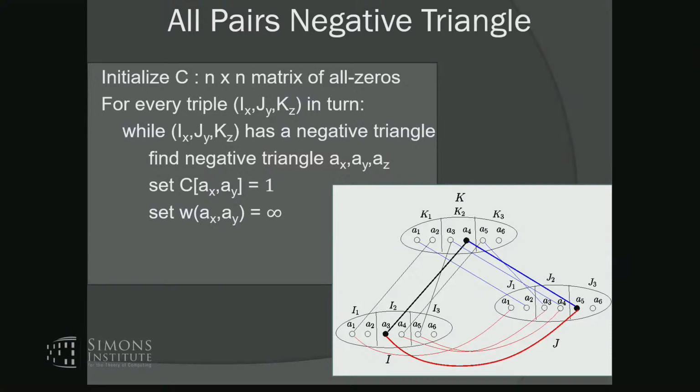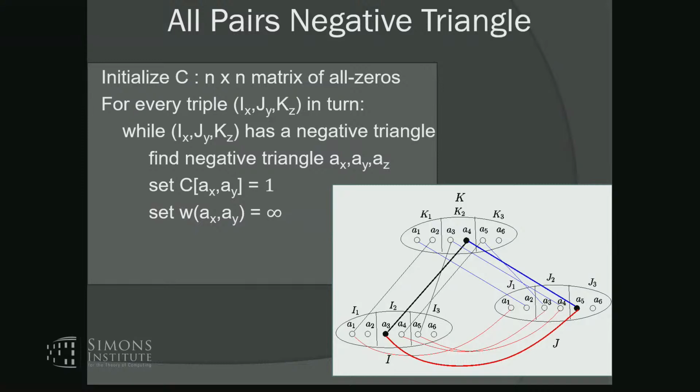The reason is that if we again call negative triangle on these same three pieces, we won't find the same negative triangle over and over again. So we set the weight to infinity so that it returns a different negative triangle until we have found all of the negative triangles.